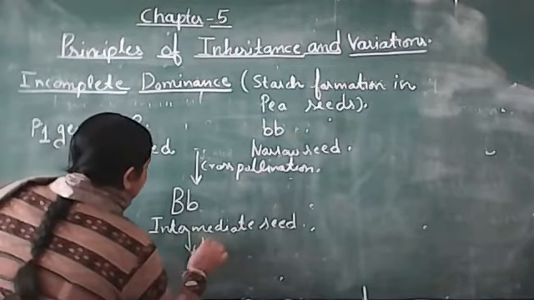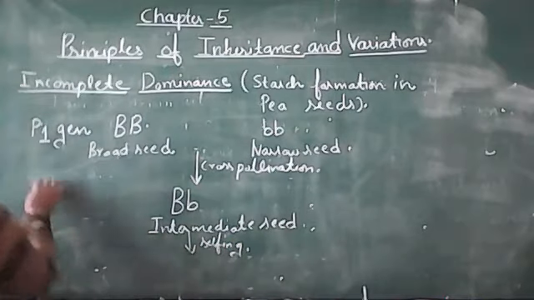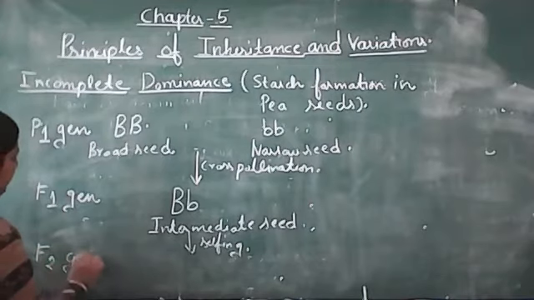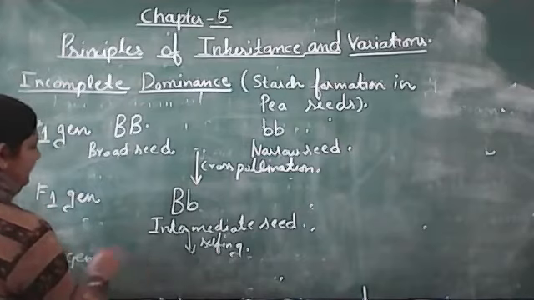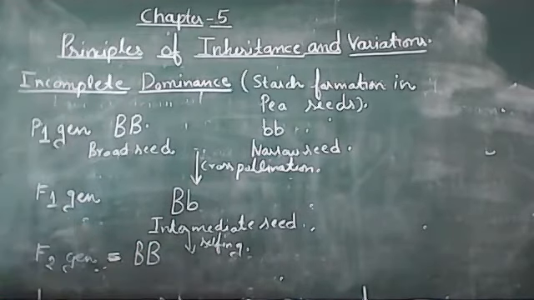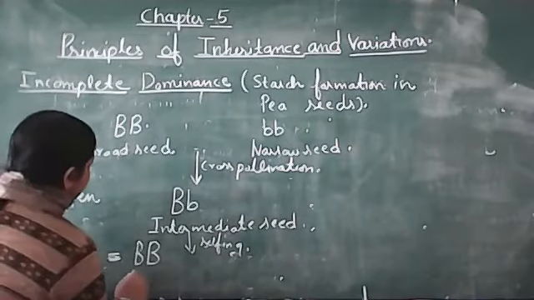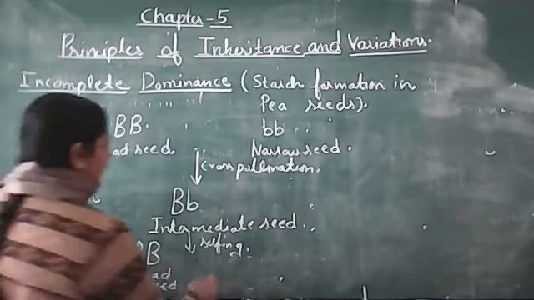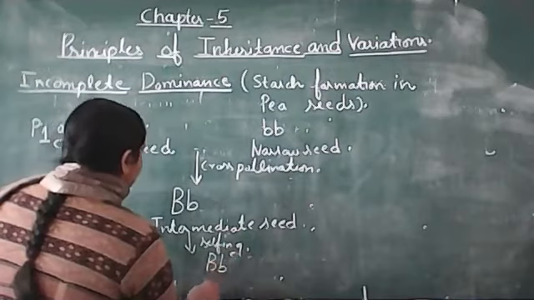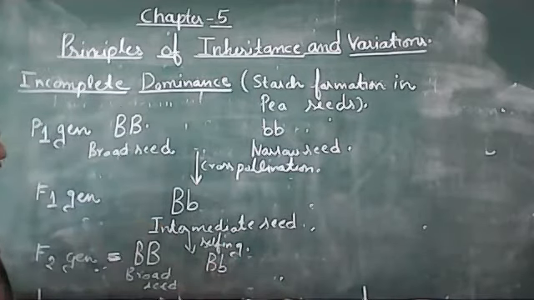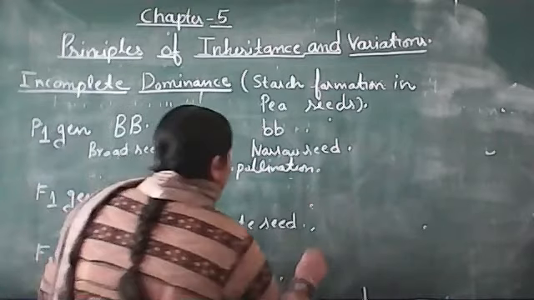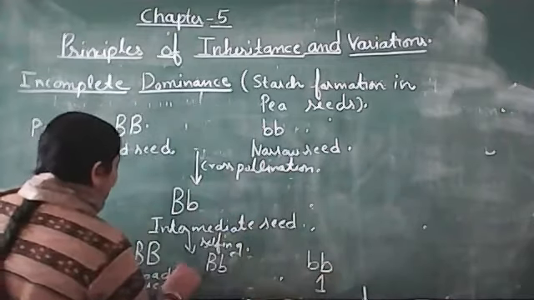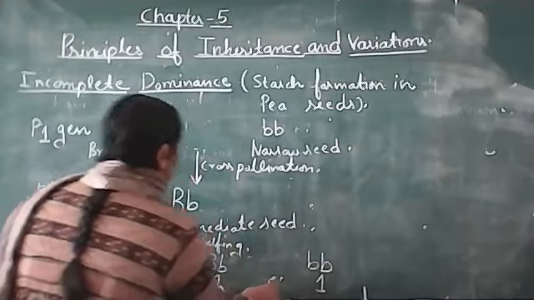And when we do the selfing of these F1 hybrids, in the F2 generation we have one capital V capital V, which are the large seeds, or you can say broad seeds, and two capital V small v, which are those seeds which have intermediate size, and small v small v is also present in one amount. So here the ratio is 1:2:1.